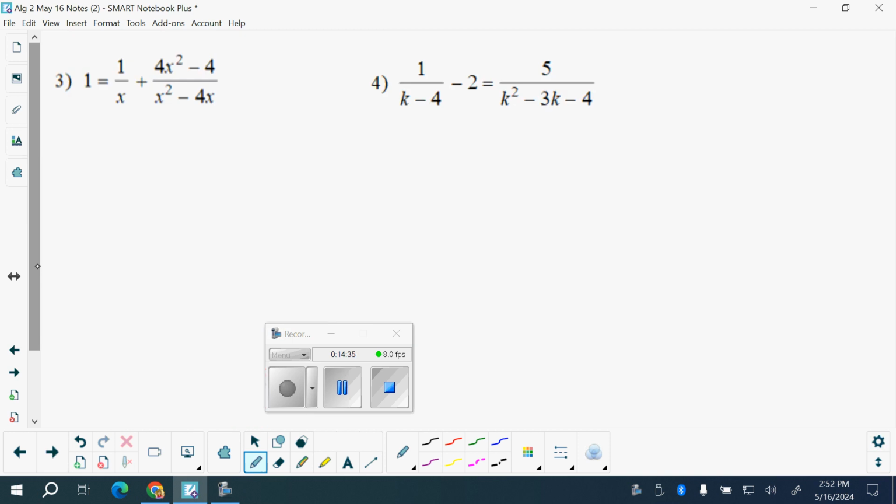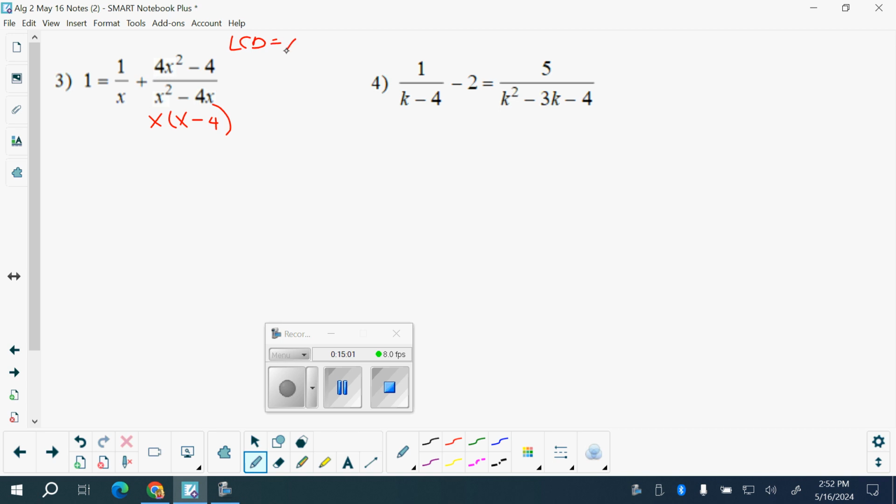Okay, number 3. What do we need to do to find our least common denominator? We got to factor. How does the x squared minus 4x factor? X times x minus 4. So what's our least common denominator here?